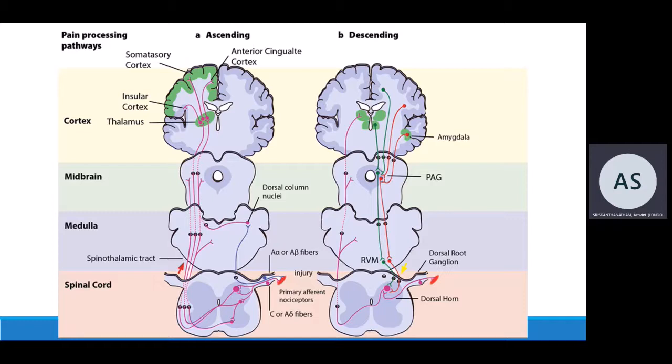So it's pulling together all your memories and forming that emotional experience for it. And this sends out projections into the periaqueductal grey, which the pain pathway is already going through, which modulates the pain signaling. And this releases any endogenous opiates to modulate the pain and either dampen it down or facilitate it to make it worse.